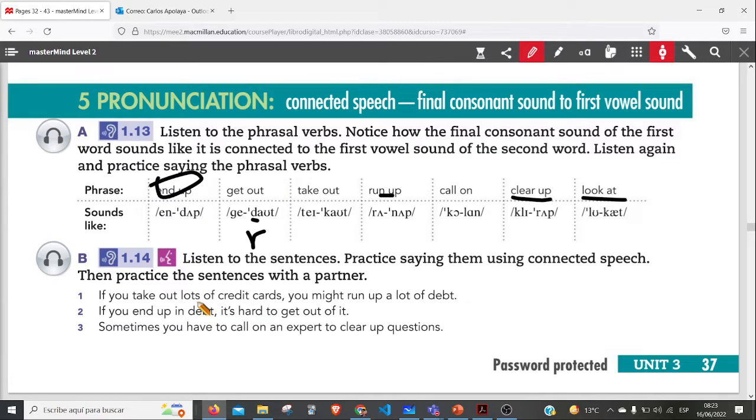So you say, if you take out lots of credit, look at this, D between two vowel sounds, Charles. ¿Cómo suena la D entre dos sonidos de vocales? La T y la D, acuérdate. So you say credit, credit. A ver tú. No, no es credit, it's like credit. Like this.